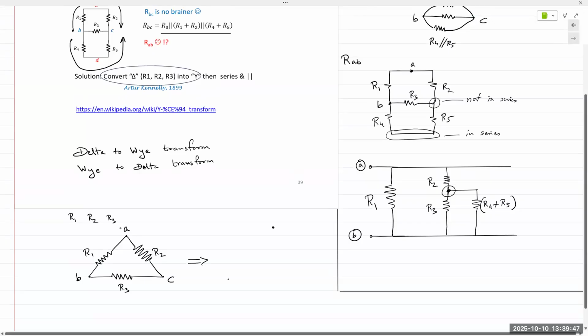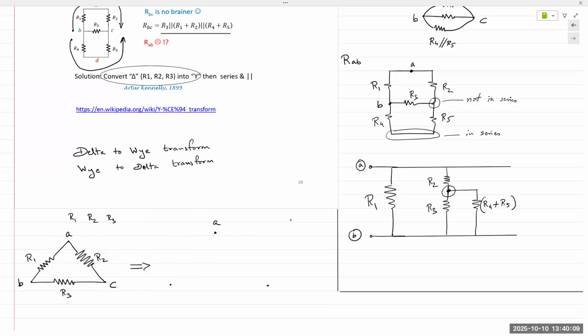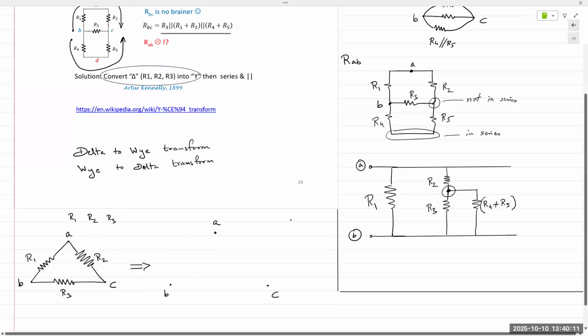So first, let's draw A, B, and C. And I'm going to move this to the left. The nodes will still remain the same, A, B, and C. And now we have resistors connected in an inverted Y configuration.